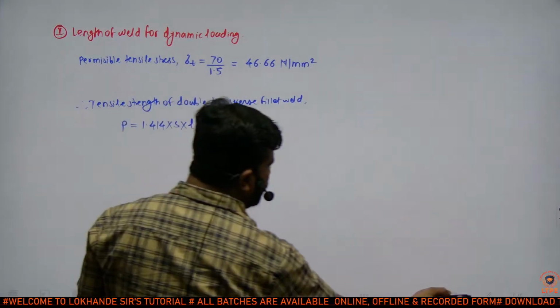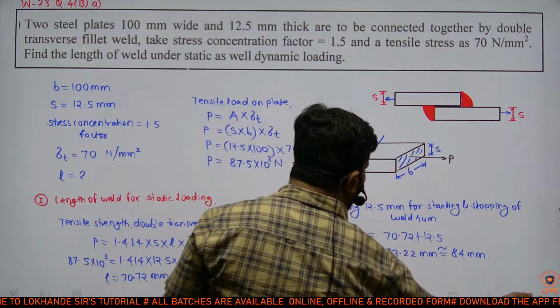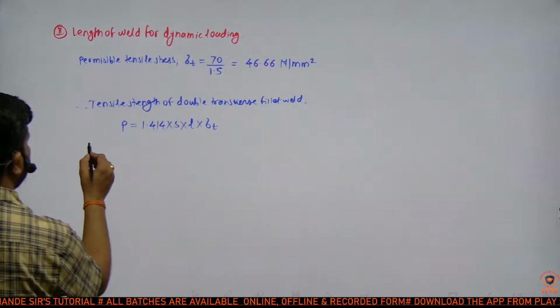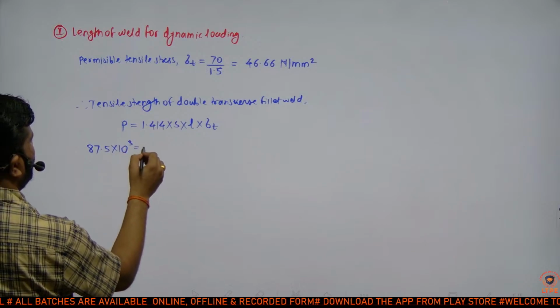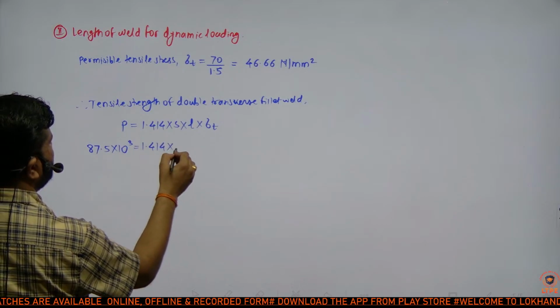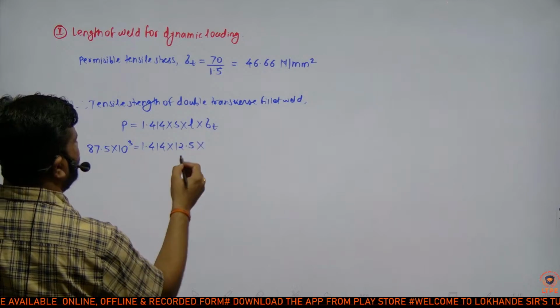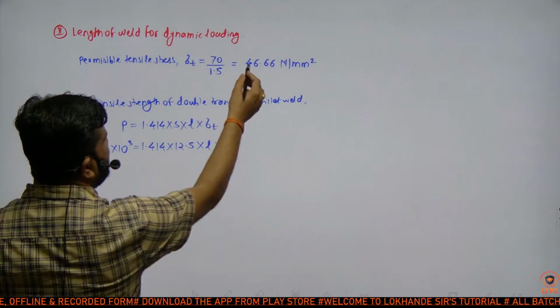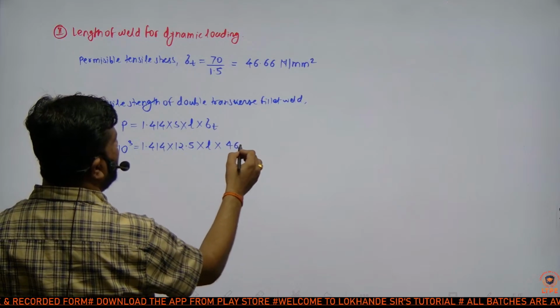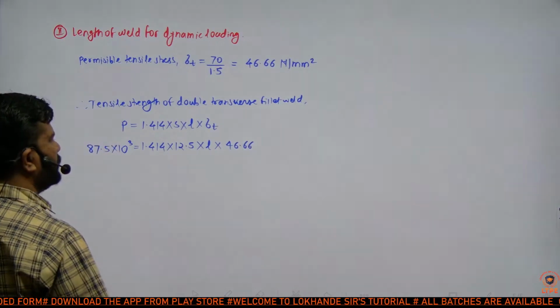So P is assumed to be 87.5 into 10 to the power 3 equals 1.414, size 12.5, L unknown, tensile stress taken as 70 by 1.5.